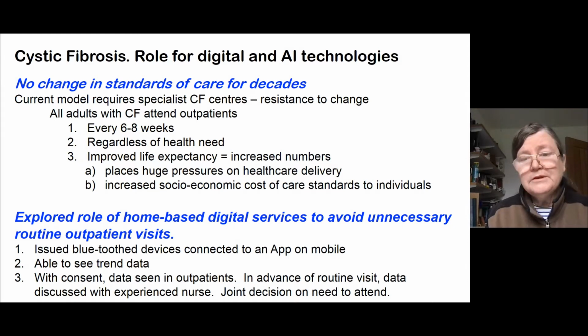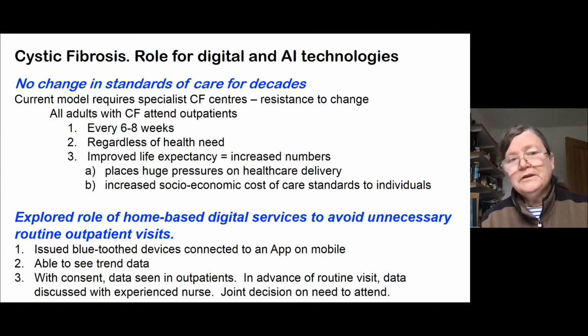So some time ago we started to explore if we could use home-based digital services to avoid unnecessary routine outpatient appointments. So people who were stable, could we manage them at home and reserve the outpatient visits for those who needed to be seen?